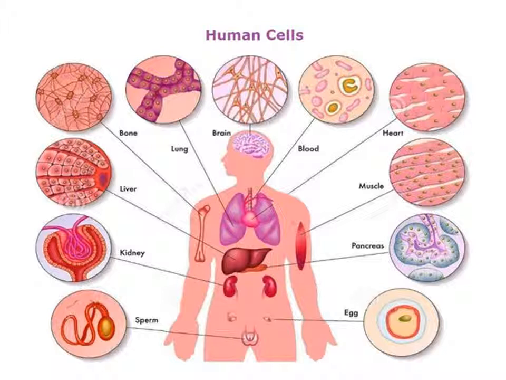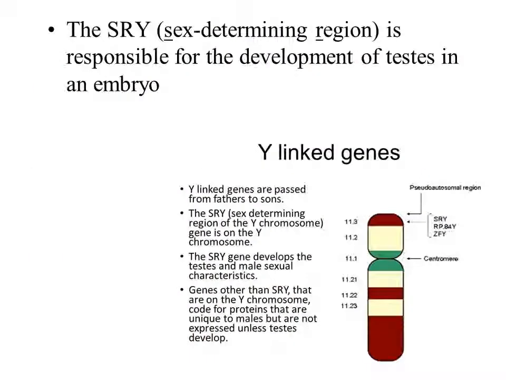Why would your bones need to produce them? So the majority of the production of these proteins will occur in the testicles. The name of one of these genes is the sex determining region gene. It is responsible for the development of the testes in an embryo.